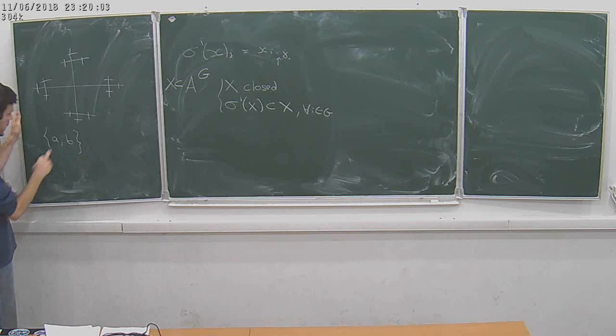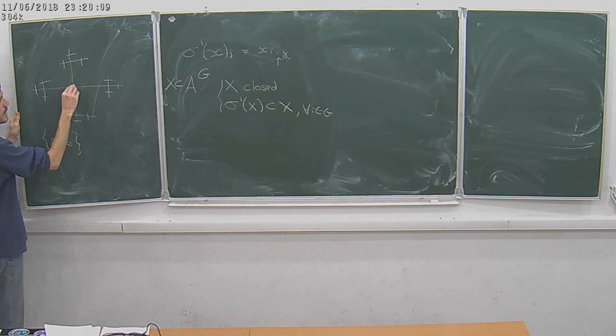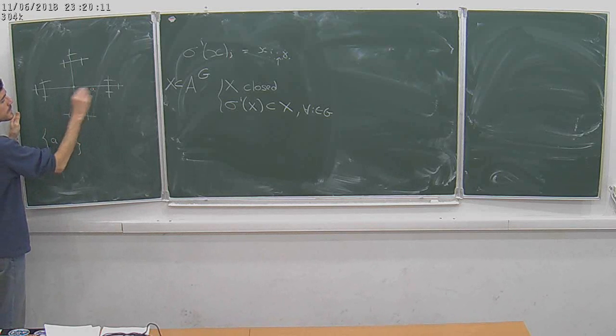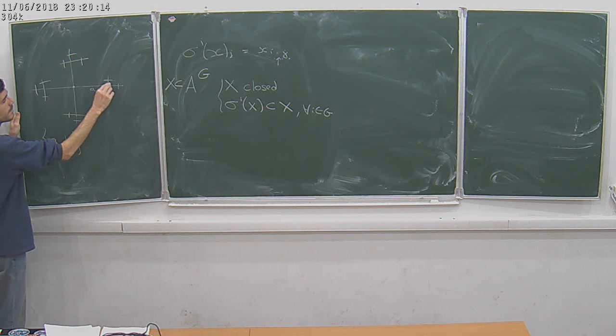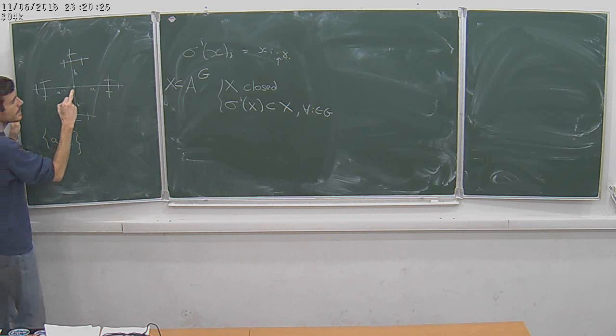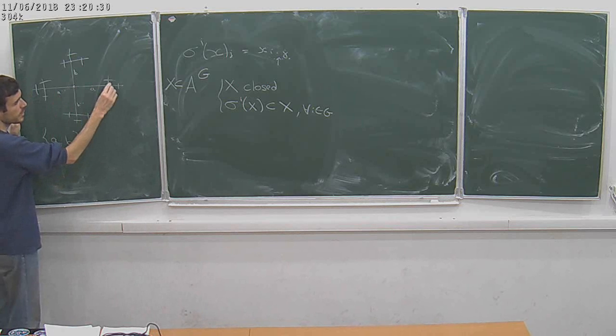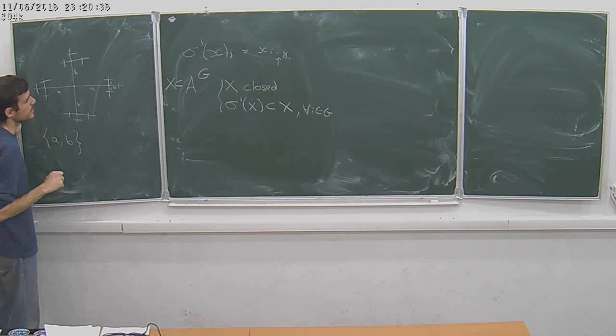If you look at the free group generated by A and B, you have the neutral element here. Then if you go right, you have A. If you go up, you have B. If you go down, you have B minus 1. If you go left, you have A minus 1. And then once you are in A, you can do exactly the same operation. You can again do A, B, B minus 1. If you do A minus 1, then you go back to the first element.